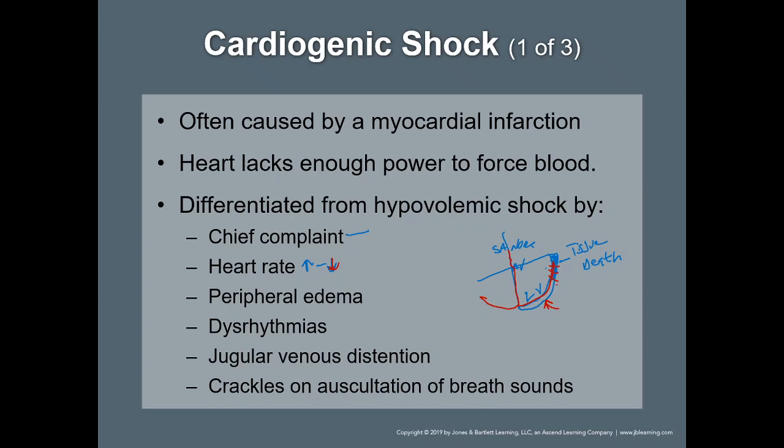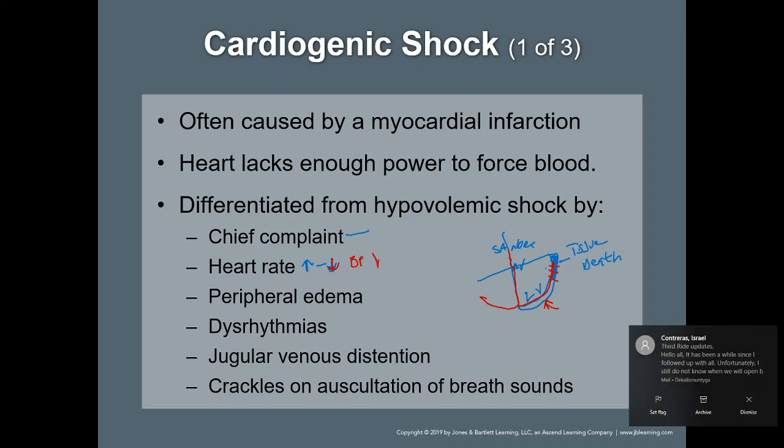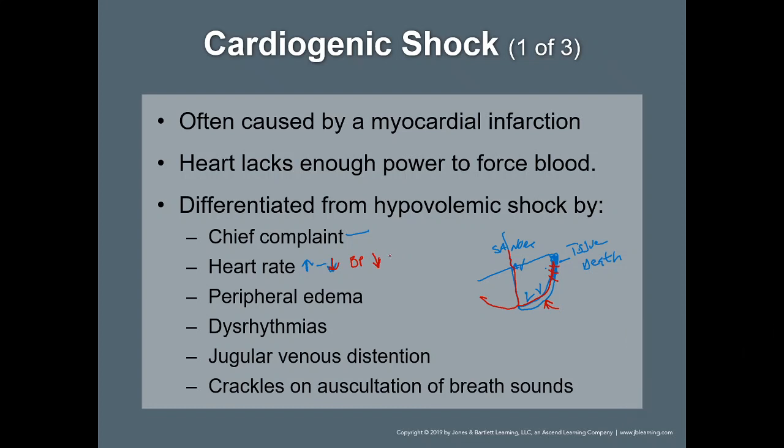And if the ventricle's already stretched as far as it can go, you're not going to get any stretch out of that. So what does that mean for blood pressure? Well, we can see a lower blood pressure in cardiogenic shock instead of something trying to compensate.